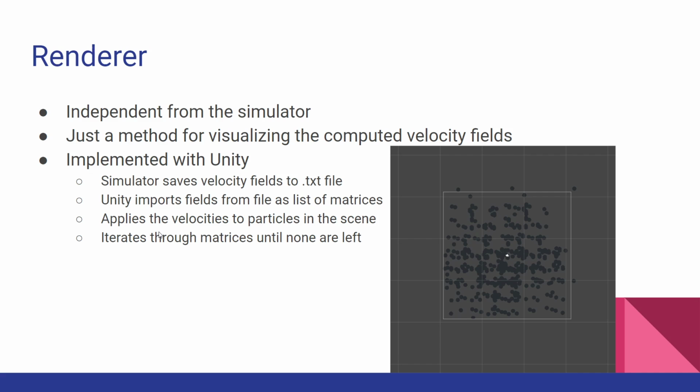And then we can see here on the right, this is what our Unity scene looks like. This white box is the camera, and then all these black circles are particles that we place randomly into our velocity field so that we can visualize what the velocity field is actually doing. Essentially, for every velocity field that we have, and by velocity field, that means like frame.